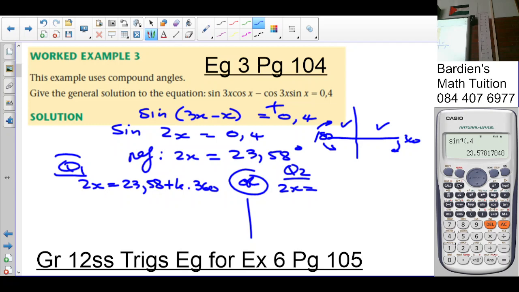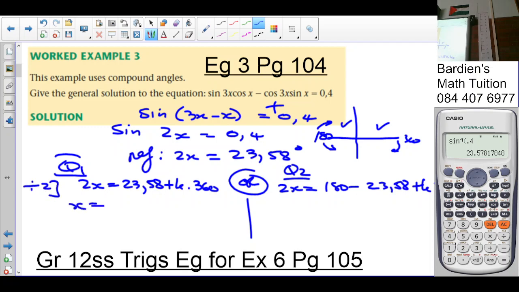So in the second quadrant, it's going to be 180 minus 23,58 plus k times 360. Whenever you're busy with sine and cos, it's k times 360. Why? Because the period of the sine and cos graph is 360, whilst the period of the tan graph is 180.